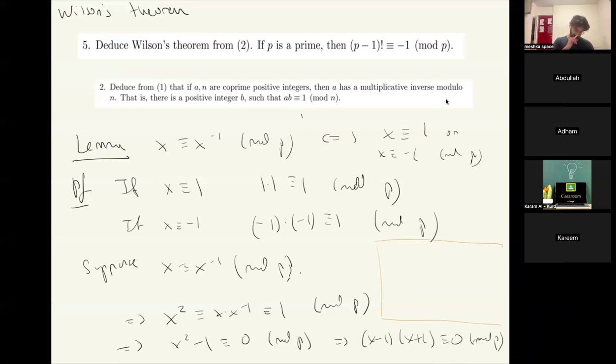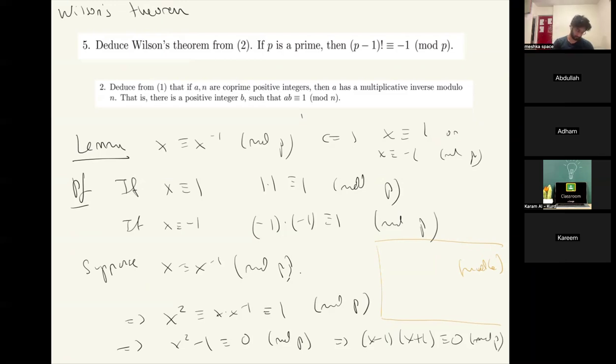Maybe just to drive the point home, we have to understand we're using that p is prime, because if it's not, let's take 6 for example. Well, maybe 6 was not a good example.